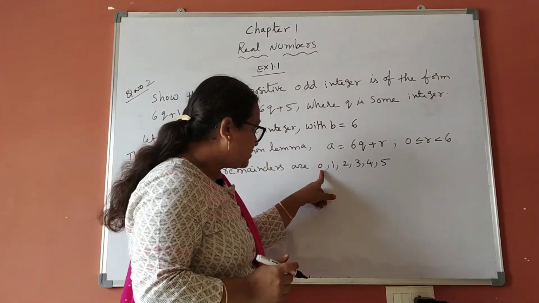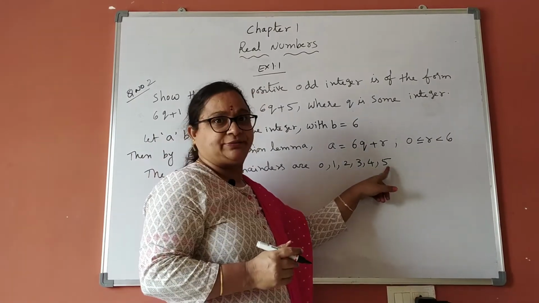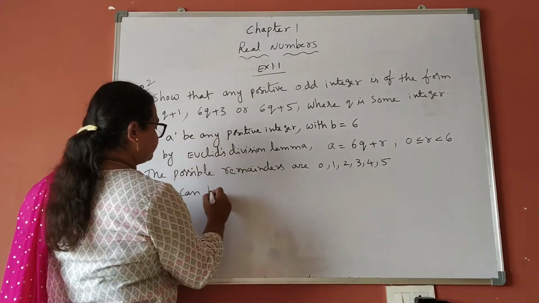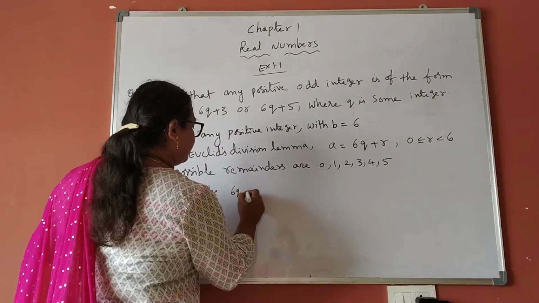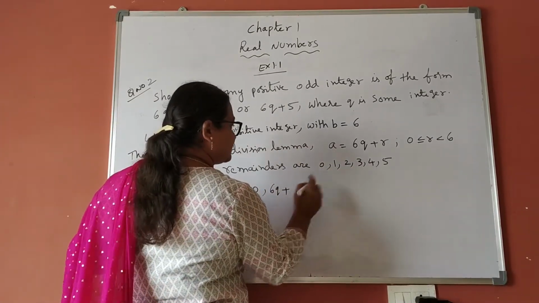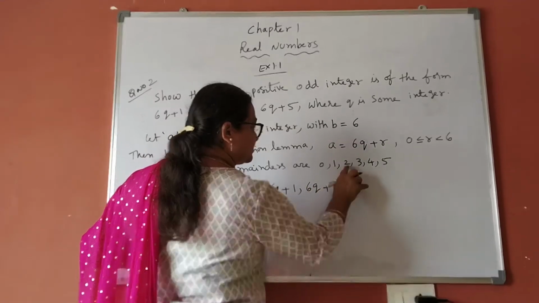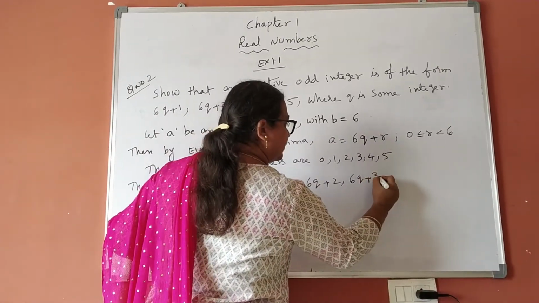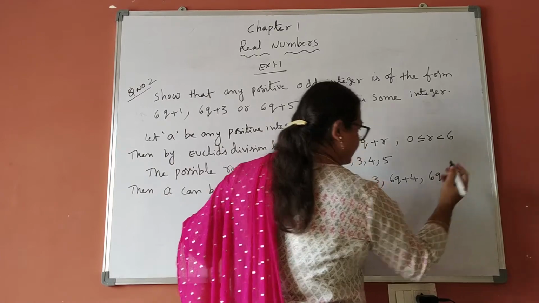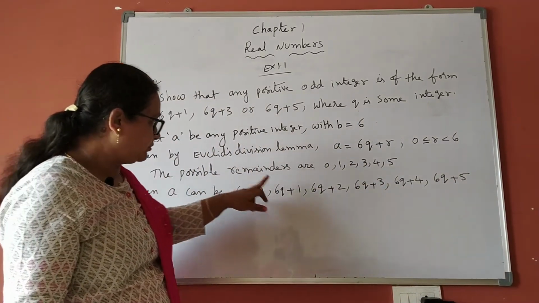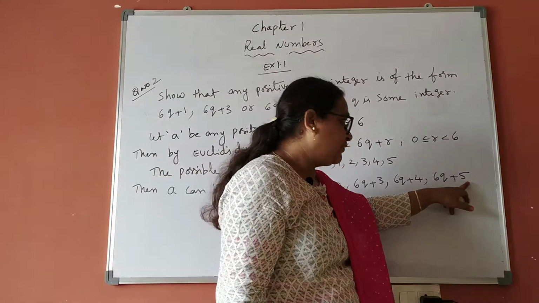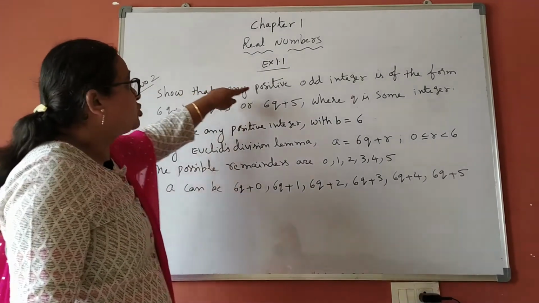Then a can be 6q plus 0, 6q plus 1, 6q plus 2, 6q plus 3, 6q plus 4, 6q plus 5. But here they gave a is a positive odd integer.